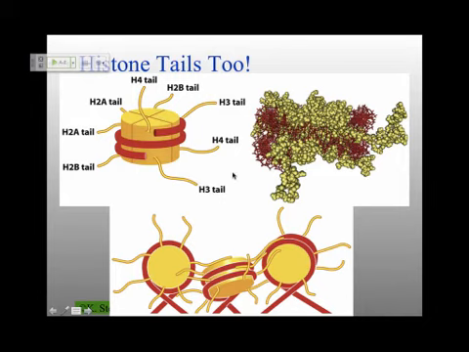Well, that's because we don't know where they are. In those crystal structures, all the structures that we have so far, these particular pieces of the histone sequences are not structured. So we don't know what they actually look like, and so we can make all kinds of cute models like we have down here.